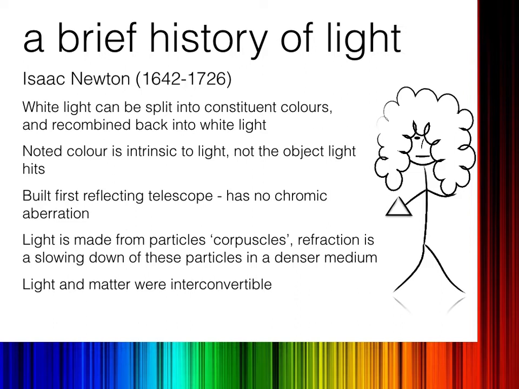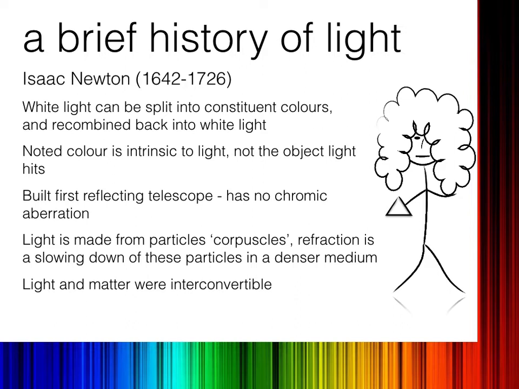Again, this was a change in our understanding. It used to be that we thought that light radiated from all objects. And so this is us heading slightly more towards the fact that light is around us and it bounces off objects, and we see colour based on what that bounced back light is.